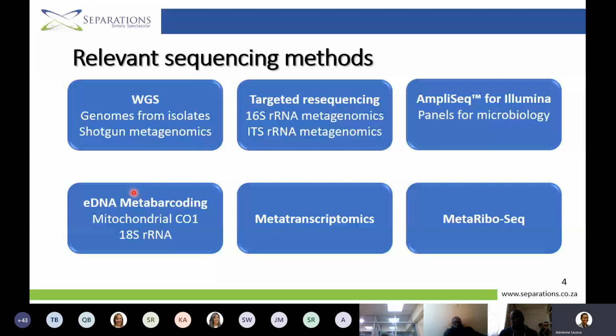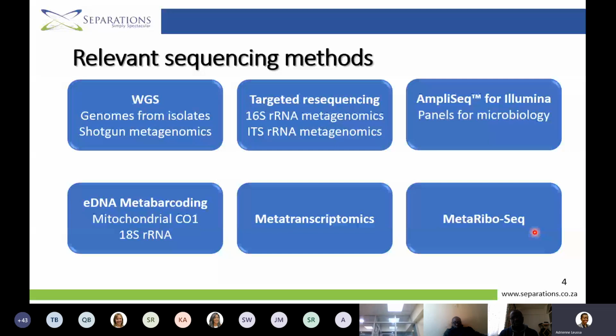Another area of methods is using environmental DNA for metabarcoding of eukaryotic species that are found in the environment. And this is usually done by targeting genes like the mitochondrial cytochrome oxidase 1 or 18S ribosomal RNA. Gene expression profiling can be done by metatranscriptomics, as well as looking at quantifying translation of certain genes by meta-RiboSeq.